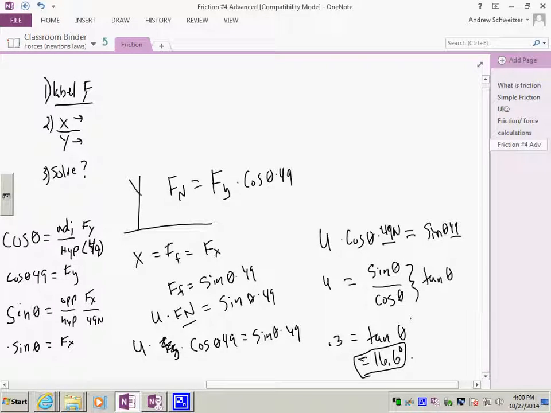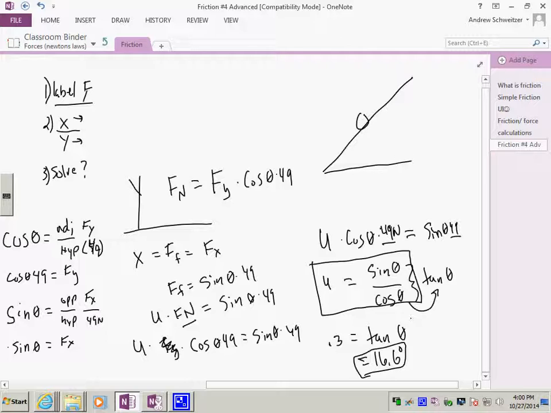Now, important to point out here that anytime you want a coefficient of friction, it is simply the tangent of the angle. If I have any surface and it just barely starts to slide or just isn't sliding, you take the tangent of that angle, theta, and it will equal your coefficient of friction.